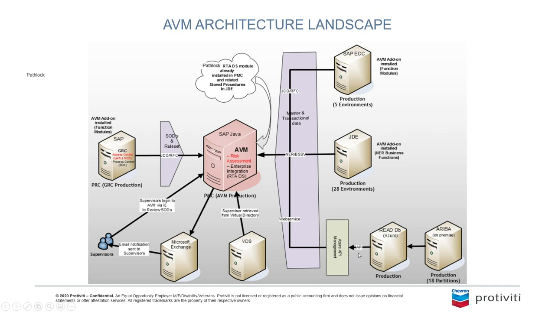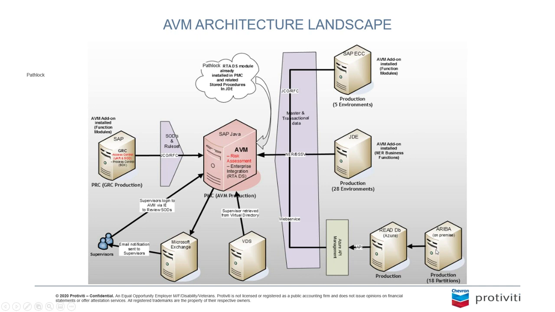You just see the one box for each, but in the text under each one of those pictures, there are actually 5 SAP production environments that Chevron has, 28 for JDE, and then 18 separate partitions for Ariba that map to some of the other various SAP and JDE instances.